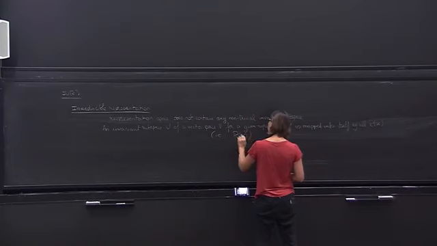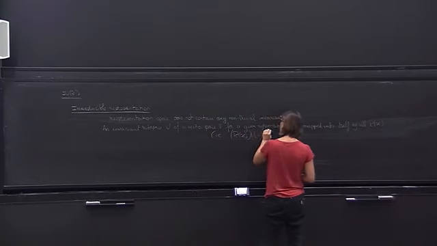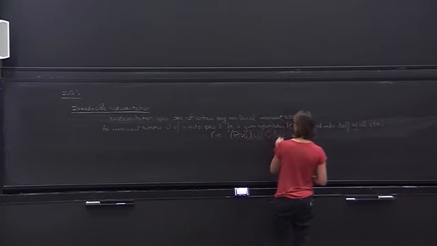Acting on any element of U gives still an element of U, and this for any X in the Lie algebra. Here I'm not talking about the algebra yet, so it's a vector space V. Okay, so this is what we call an irreducible representation.